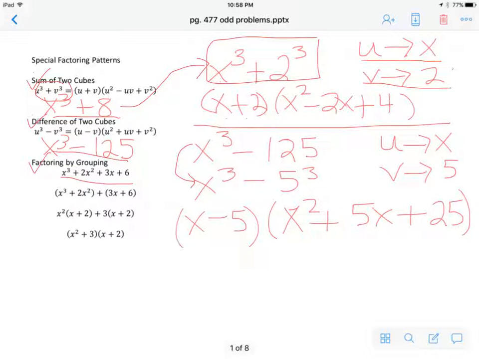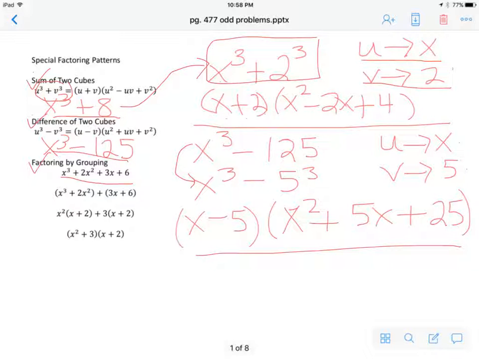Wherever there is a u, you write x, and wherever there's a v, you write 5. Plugging it into the difference pattern, it would be x minus 5 times the trinomial x squared plus 5x plus 25. Make sure it makes sense how that whole pattern is factored. It makes it a lot easier. Otherwise, how would you even know that two terms become a binomial times a trinomial?